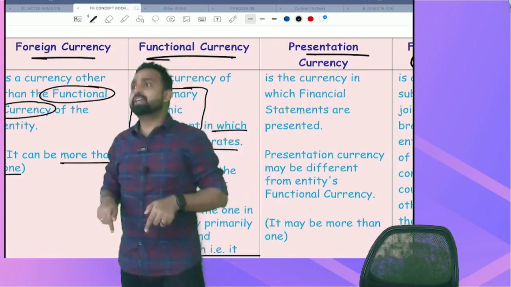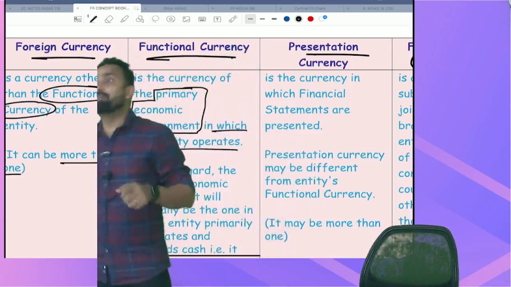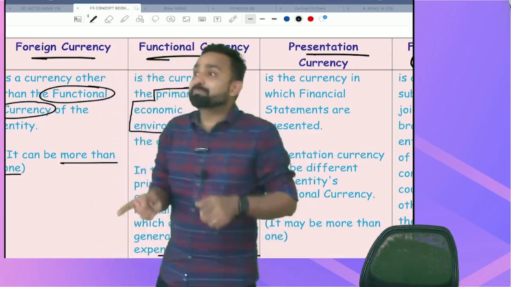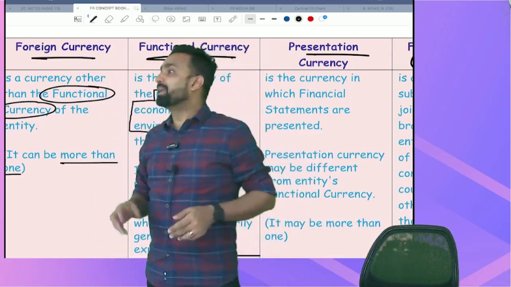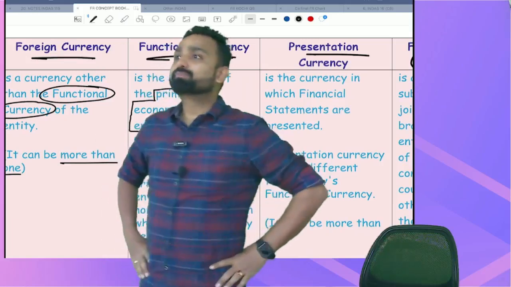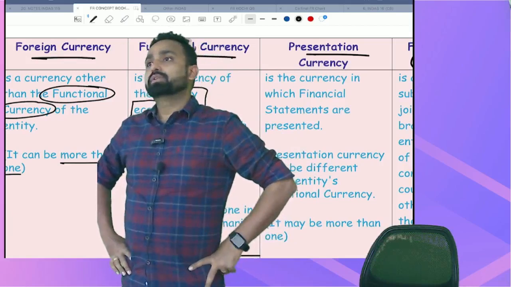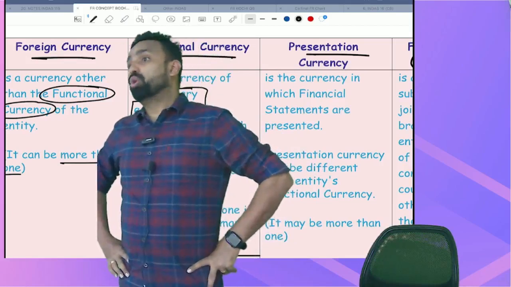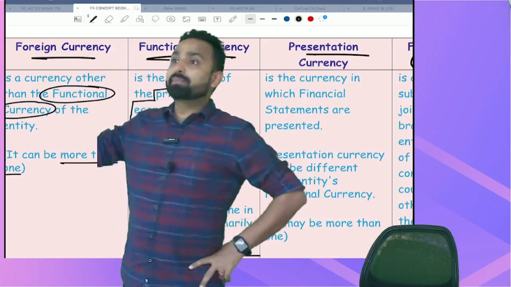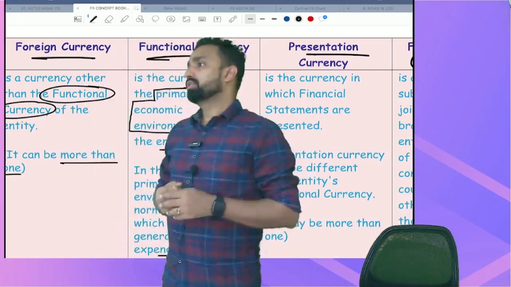Even though I'm an Indian entity, even though my registered office is in India, even though I have 100 employees and expenditures in India, the company's primary economic environment is the US. Why so? Because the company's total revenue or sales is coming from the US.